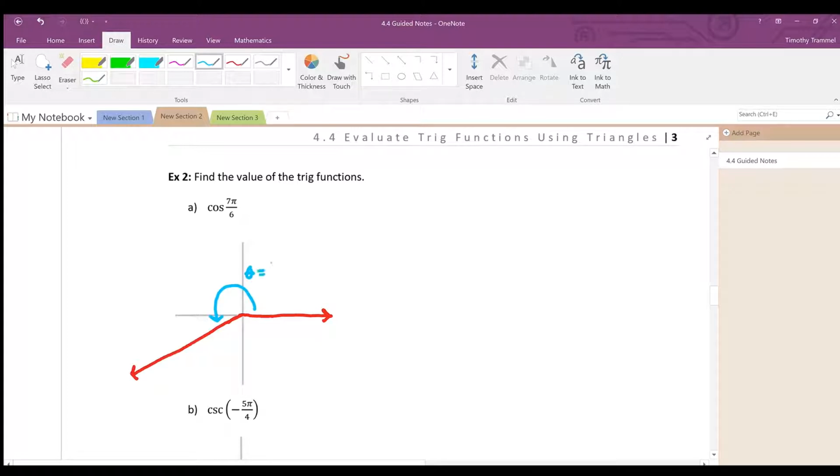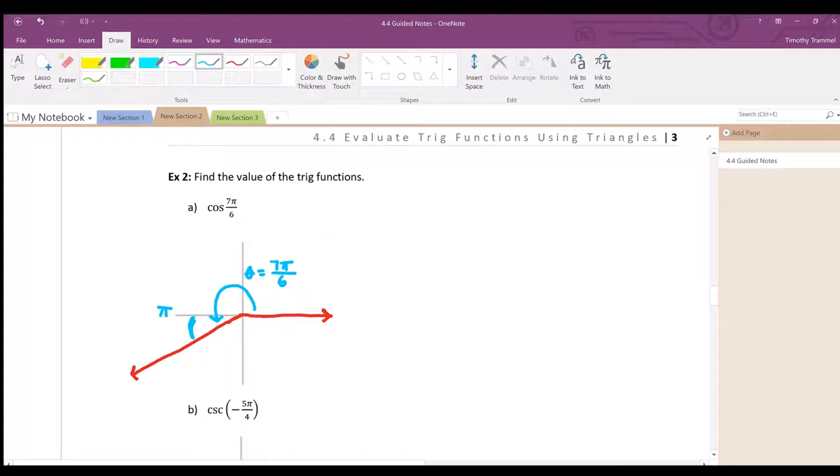Actually, that's not entirely true. We already have that angle. We're looking for this one here. That's what we're looking for. But we know that it's pi radians to do a half a revolution. We know that the angle we have is 7 pi over 6.